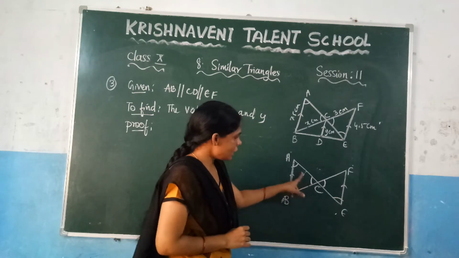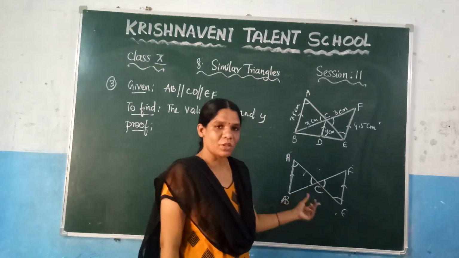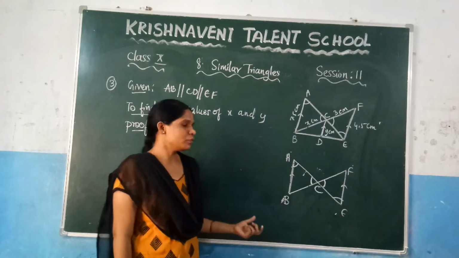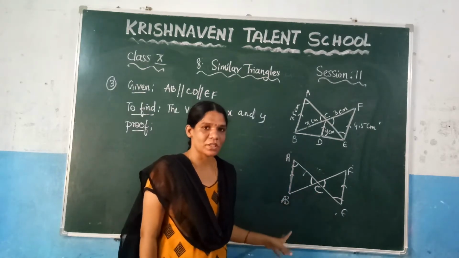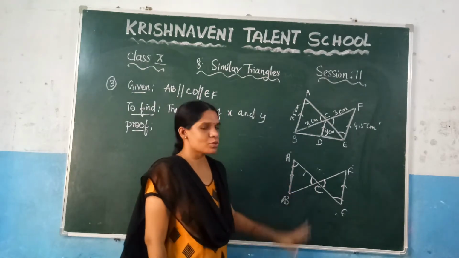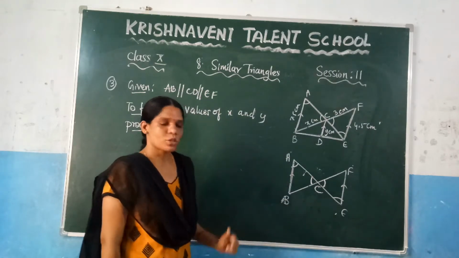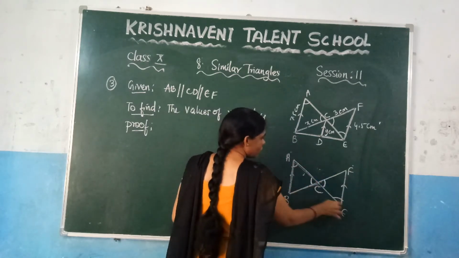So in this triangle, two angles are equal to two angles in the other triangle. So here you can apply angle-angle similarity. What it states is, if you consider any two triangles, if two of the angles are equal in both of the triangles, then we can say that those two triangles are similar. This is by AAA similarity. So by that you can say that this triangle is similar to this triangle.